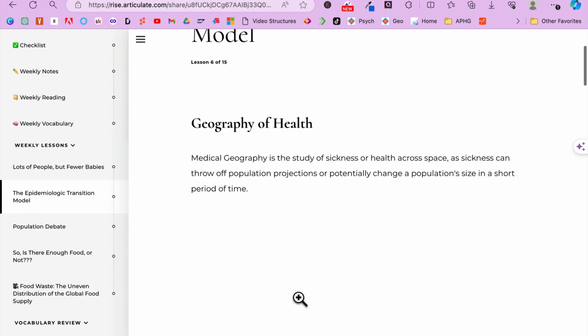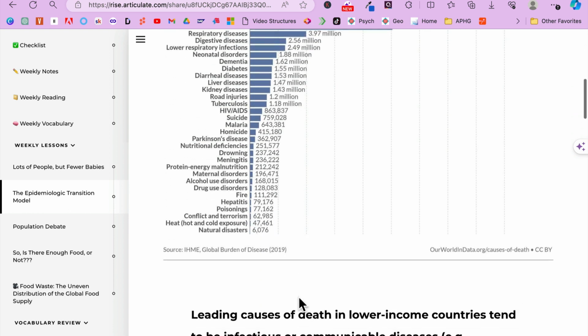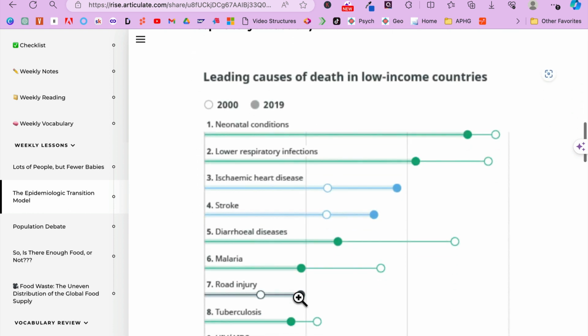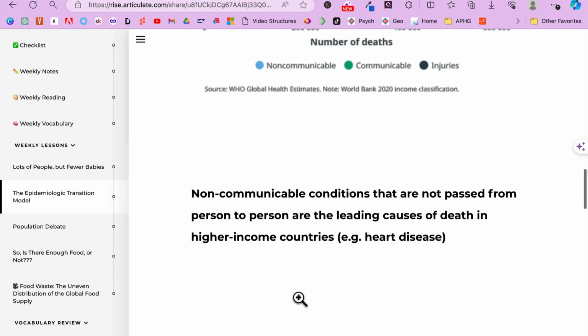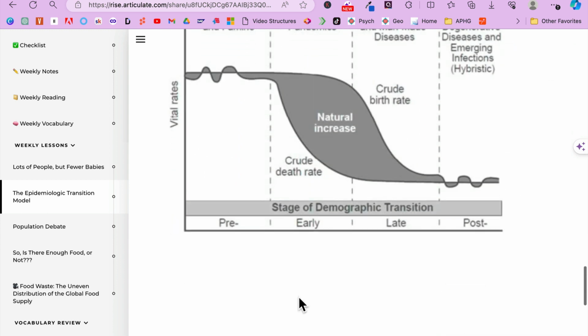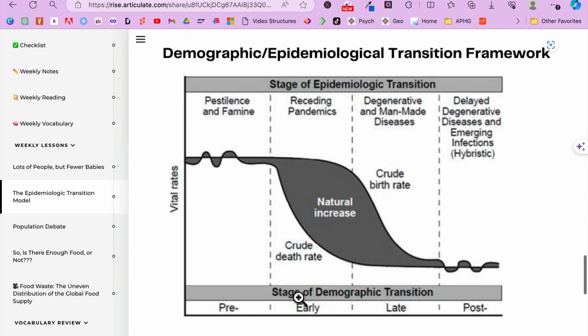So an interesting thing here is to think about cause of death and health as countries develop. Sorry, scroll through here. I want to show you this graph here. So you can see if you look at the stages of demographic transition down here, the cause of death is up here. So stage 1, pestilence, famine, communicable disease. You can see here receding pandemics.